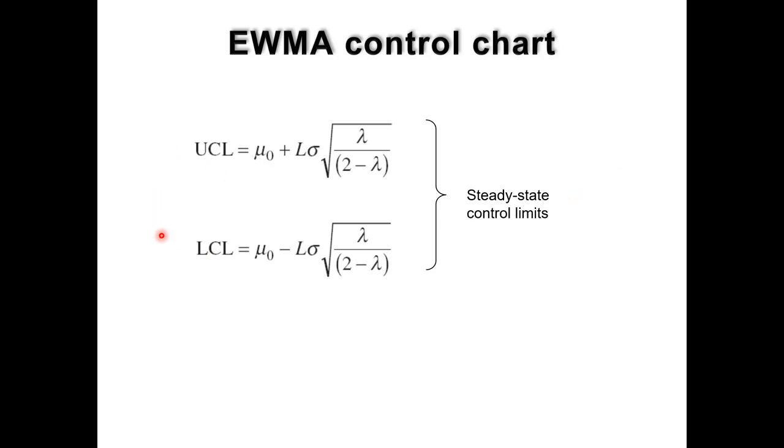So here we have the formula for the upper and lower control limit for the stage whereby it is a steady state control limit. We no longer have the part that we had previously in this formula.